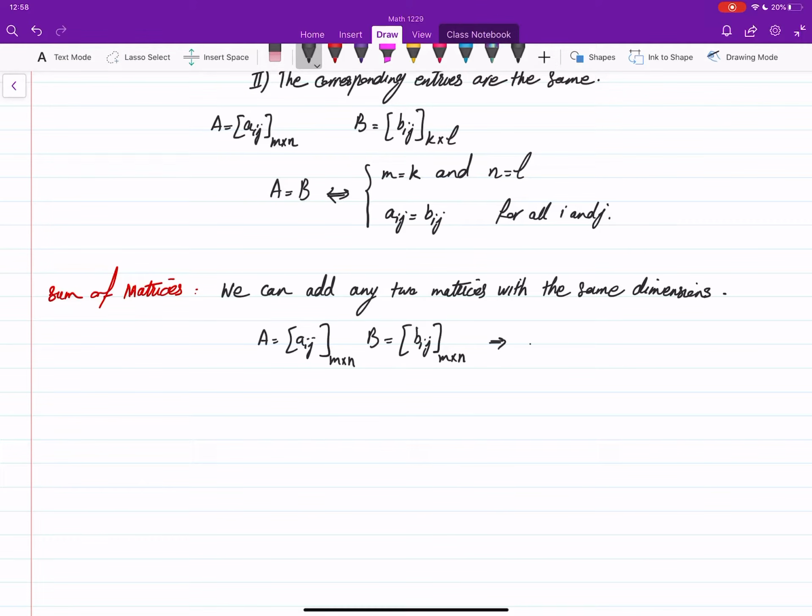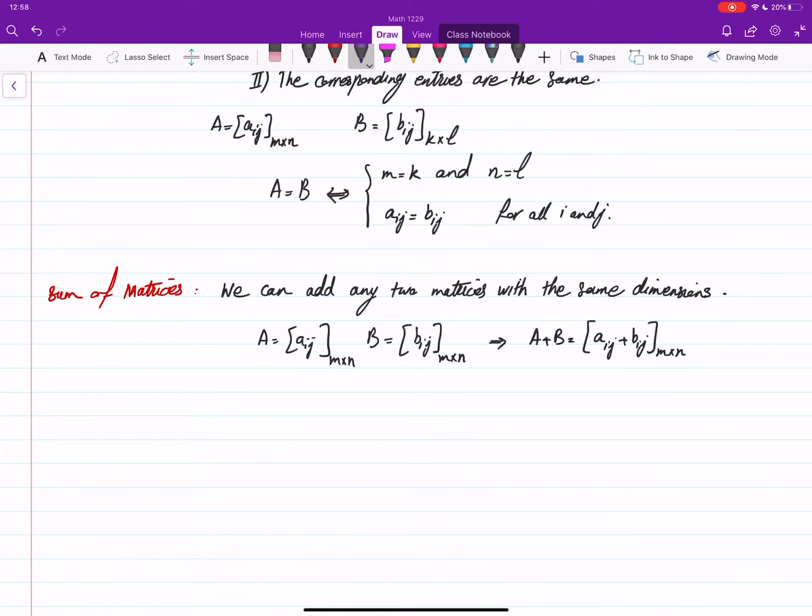Then when you add them, the result is again a matrix with the same dimensions, M rows and N columns, and the entry at the ith row, jth column is equal to Aij plus Bij. It means add the corresponding entries and put them in the corresponding place.